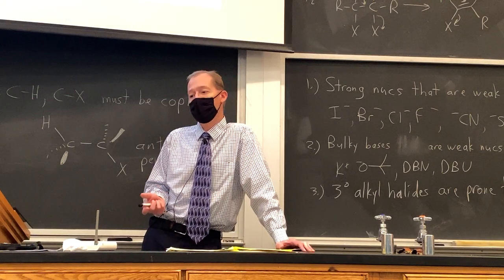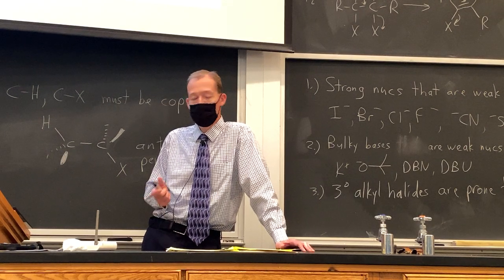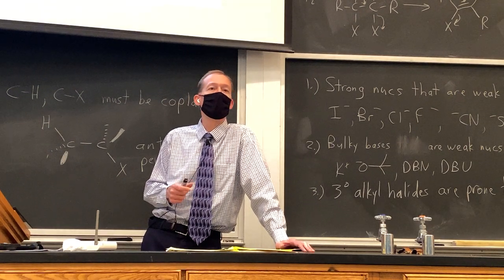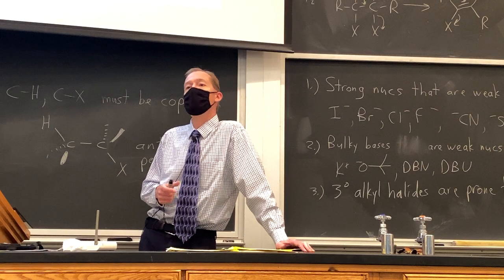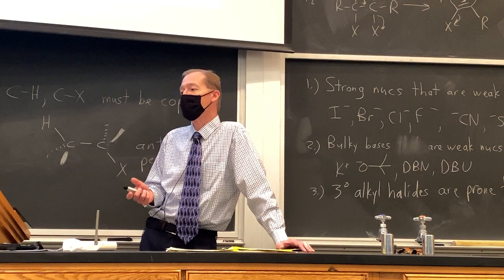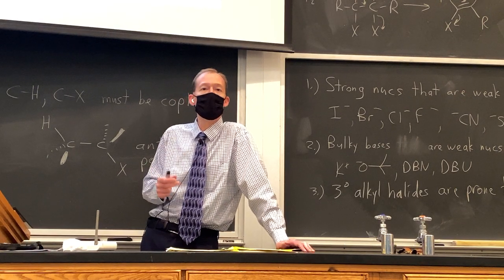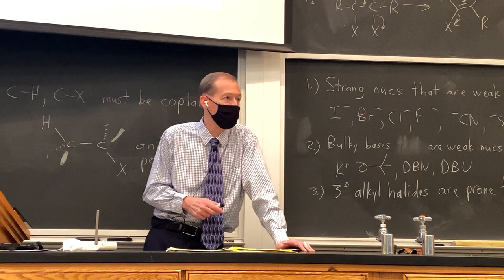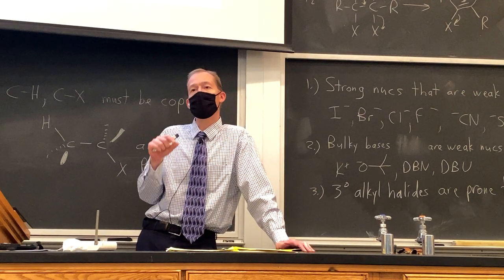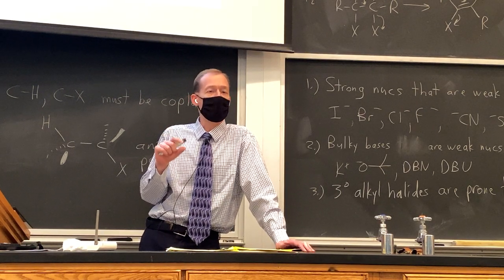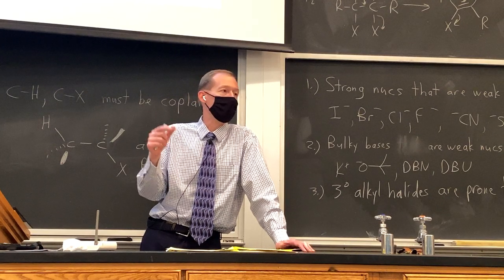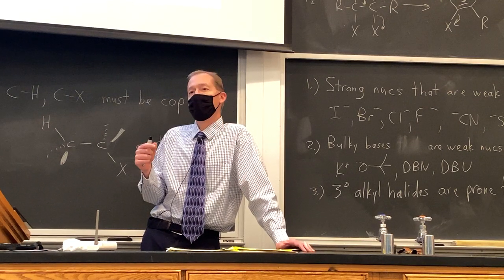When you're drawing the mechanisms, I just want to remind you that since a curved arrow is showing the movement of a pair of electrons, it must originate from a pair of electrons, meaning your curved arrow must originate from either a bond or a lone pair. Okay?